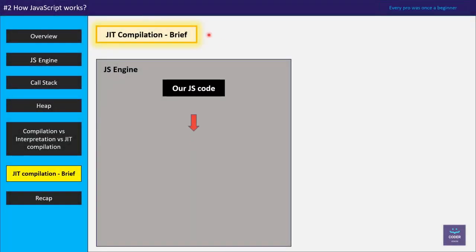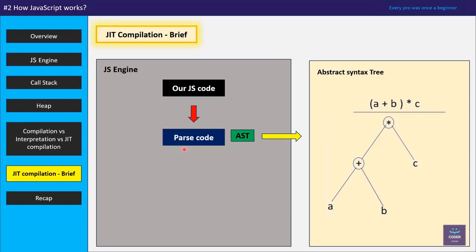Now we'll deep dive into JIT compilation, because our JavaScript engine uses JIT compilation. So just imagine this box is our JavaScript engine. Inside the JavaScript engine, our code is initially parsed. Parsed means the engine reads our code. While reading, our engine converts our code into a structure called an abstract syntax tree.